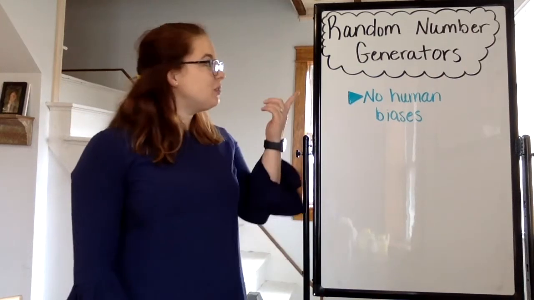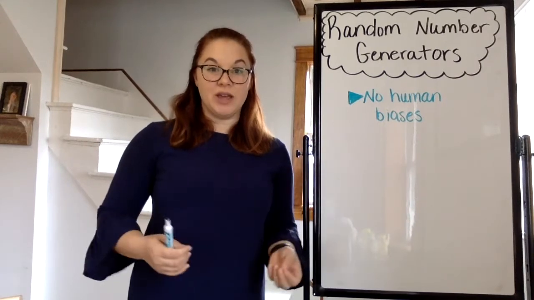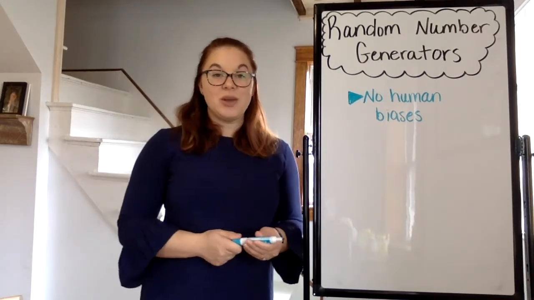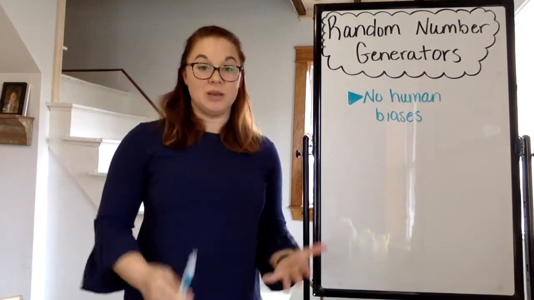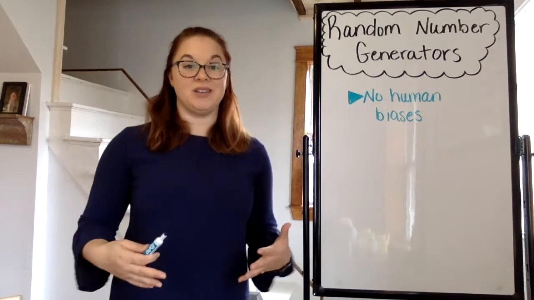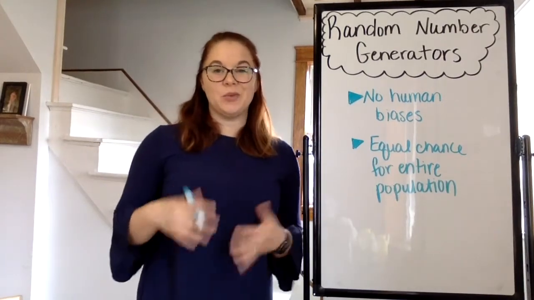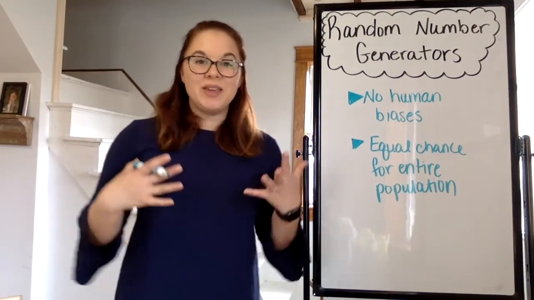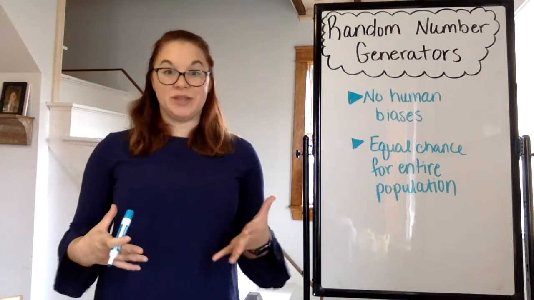So random number generators take out that element of human bias, human mistake. Another thing that is great about this and great about all random samples is that every member of the population truly has an equal chance of being chosen. So these are two things about random number generators that make them an excellent tool for using when making a random sample.